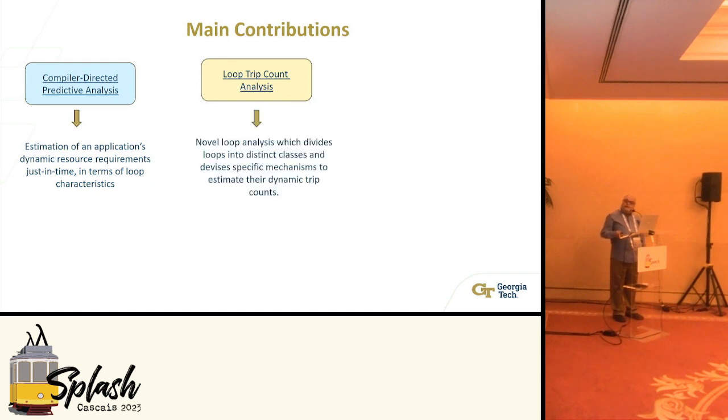And that has been done with a combination of static analysis combined with machine learning and dynamic specialization just in time for that loop. And then finally, it's applied in a scheduling discipline.